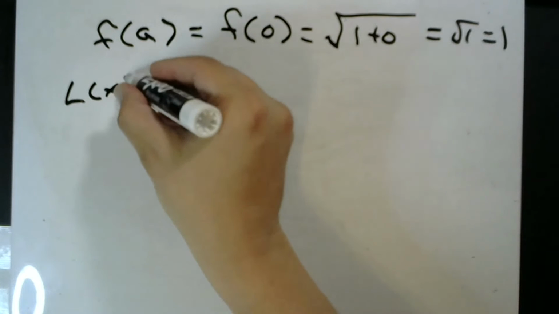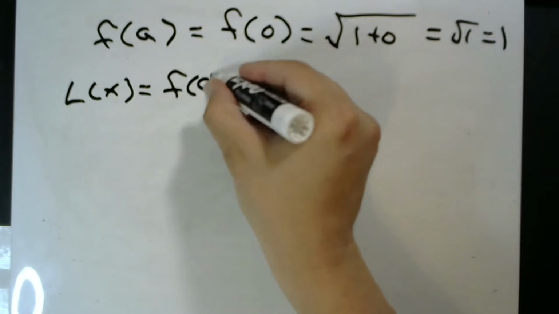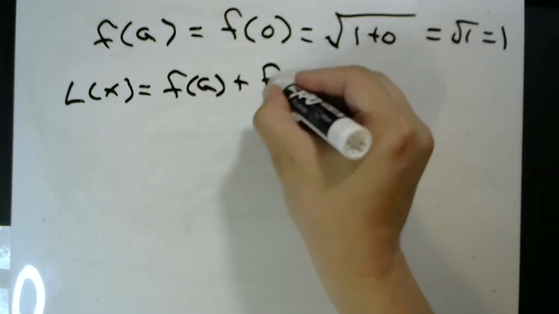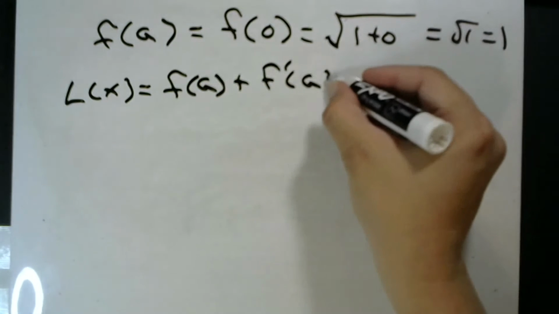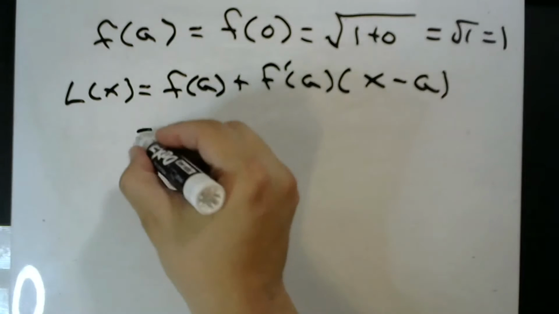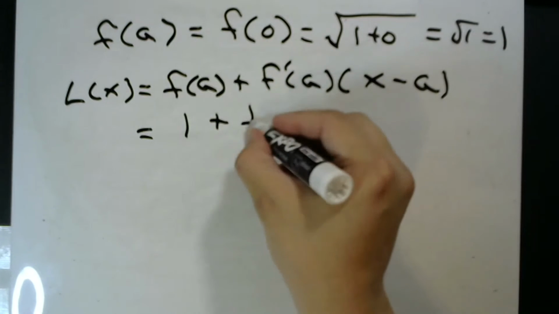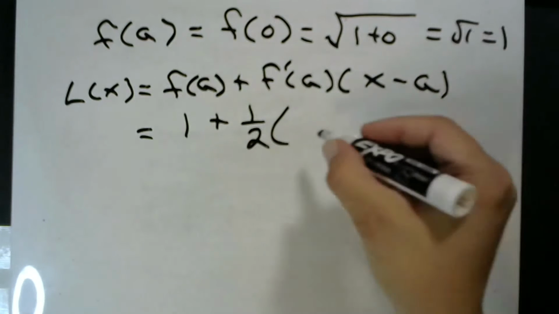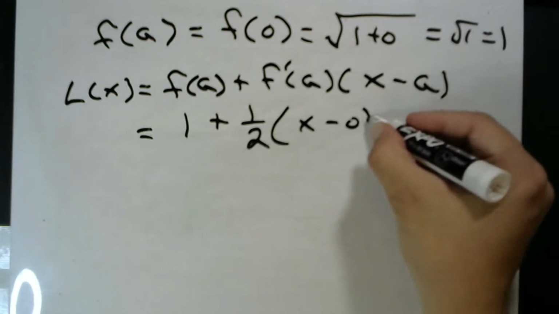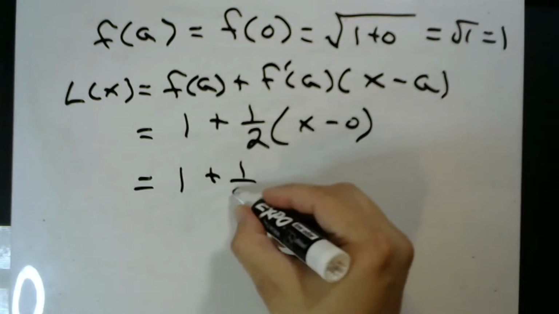L of x will be f of a plus f prime of a times x minus a, or 1 plus 1/2 times x minus 0, or 1 plus 1/2 x.